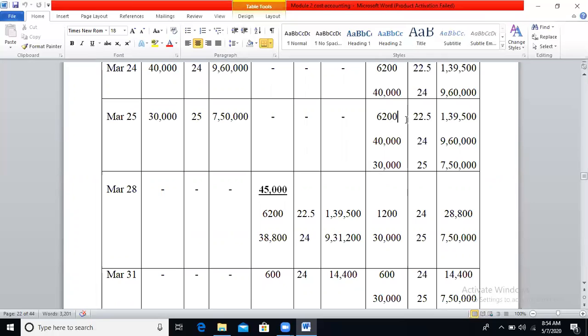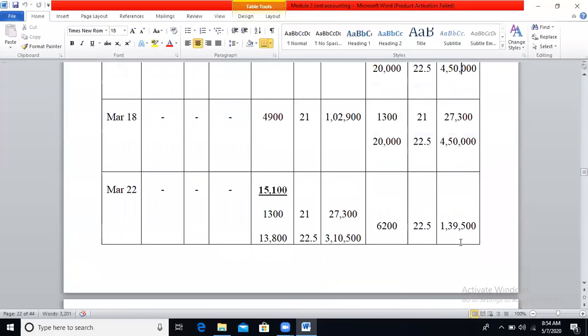Out of 40,000 units, we have issued already 38,800 units. The remaining balance is 1,200 units. The price will be 24. So 1,200 into 24, you will get 28,800. Still, you are having 30,000 units at rupees 25. The total value will be 7,50,000.